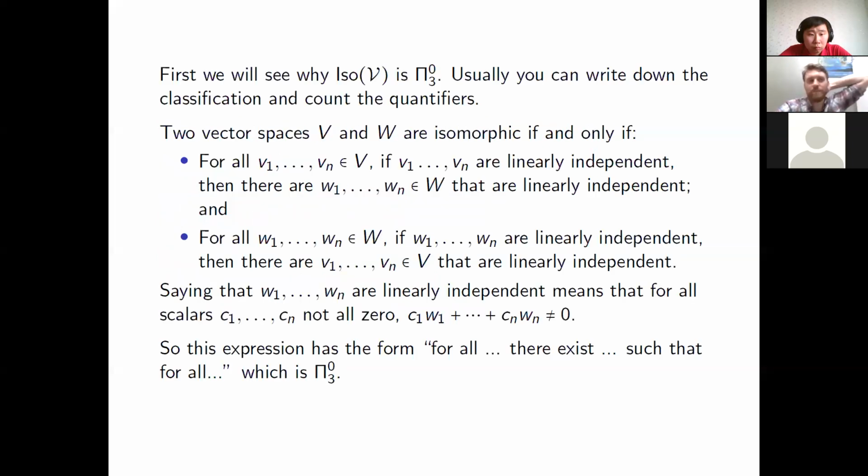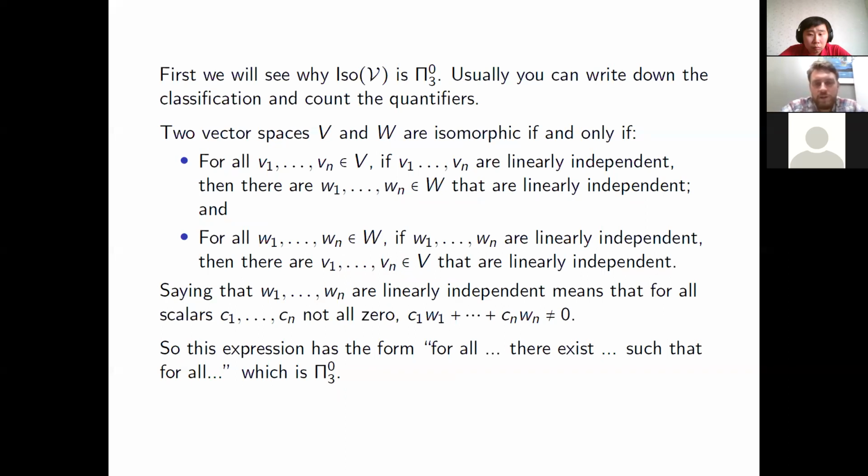And the way we see this is, the first thing we do is we say, to be complete, you have to actually be pi3. So usually when you want to show that something is at a certain level, you basically write down your classification and look at the quantifiers. So if we write it down, two vector spaces are isomorphic if and only if whenever you have a bunch of elements of one vector space, if they're linearly independent, then there's the same number of elements in the other vector space that are also linearly independent.